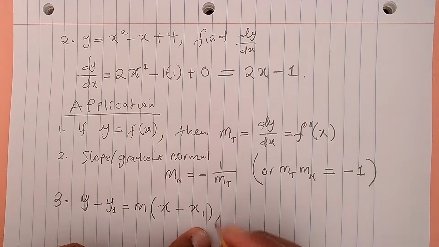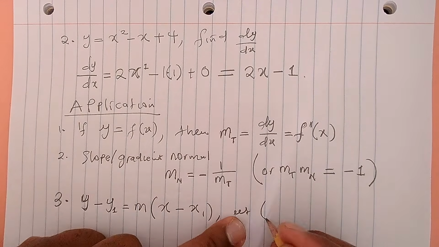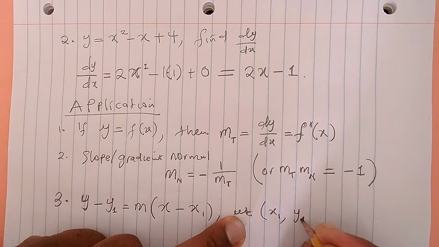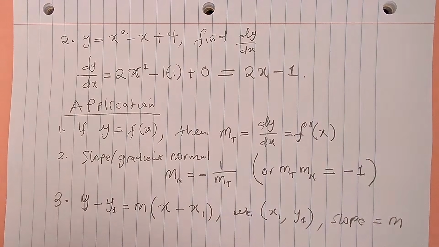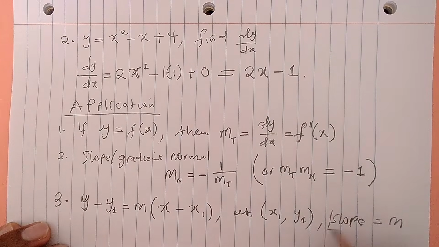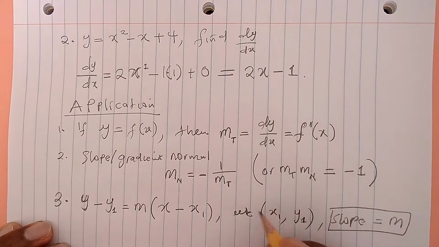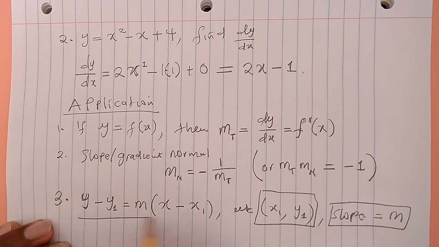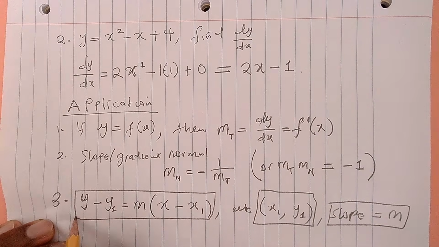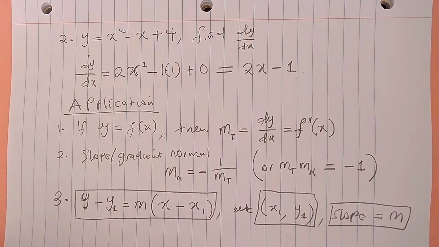So this is at the point x1 comma y1 with slope m. We have the slope m, we have the point, then we can form an equation using that. So these are the formulas that we're going to work with.